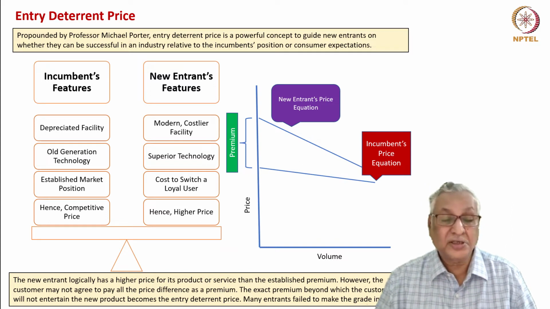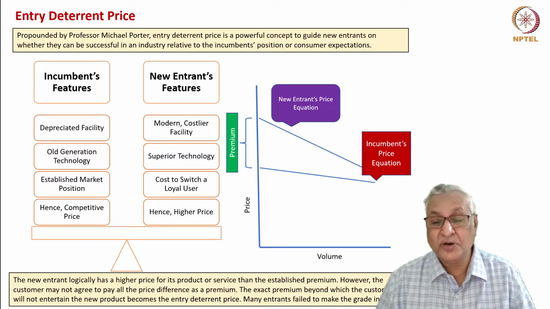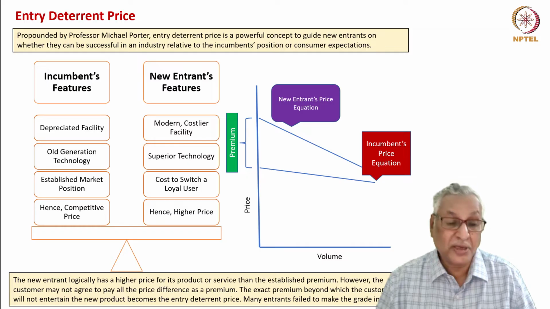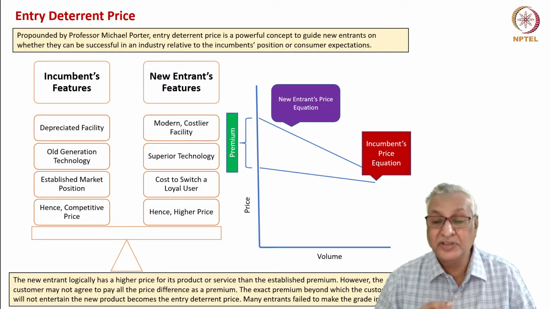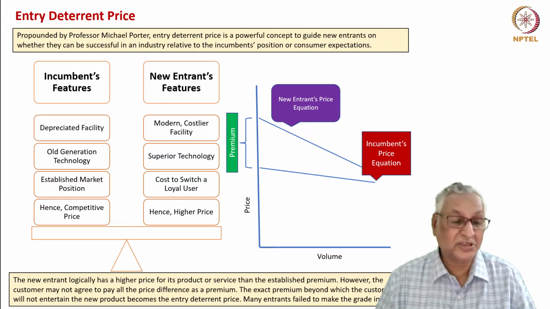The new entrant logically, therefore, has a higher price for its product or services than the established premium. However, the customer may not agree to pay all the price difference as a premium. The exact premium beyond which the customer is not willing to entertain the new product becomes the entry deterrent price.